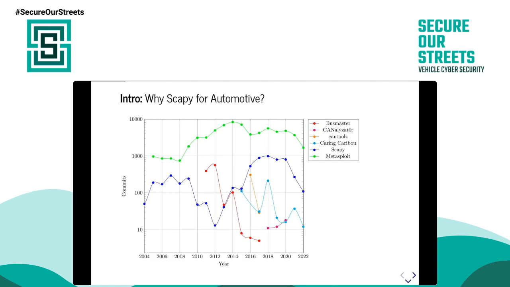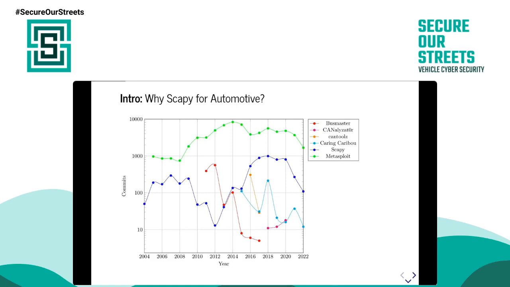Besides Scapy, there's also Metasploit, which receives even more contributions, but for automotive network tasks, the design of Metasploit is not ideal, since it's based mainly on web requests, and this is somewhat too slow for automotive network communication.